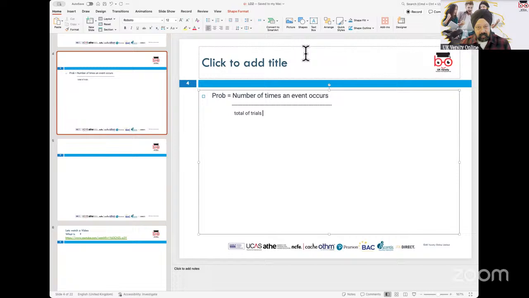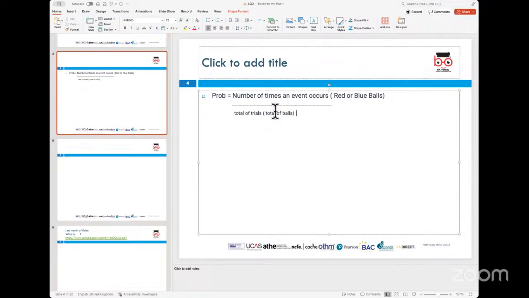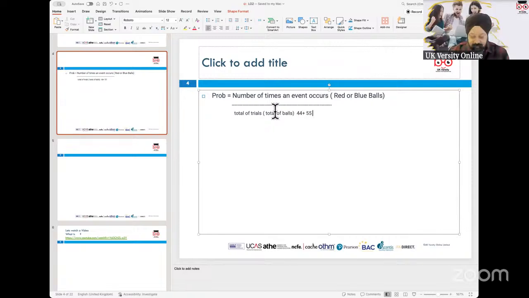Now, in this case, what we are looking at is red or blue balls. And then underneath that, what we are essentially looking at is the total number of balls. So the total number of balls is 44 plus 55, which is equal to 99.